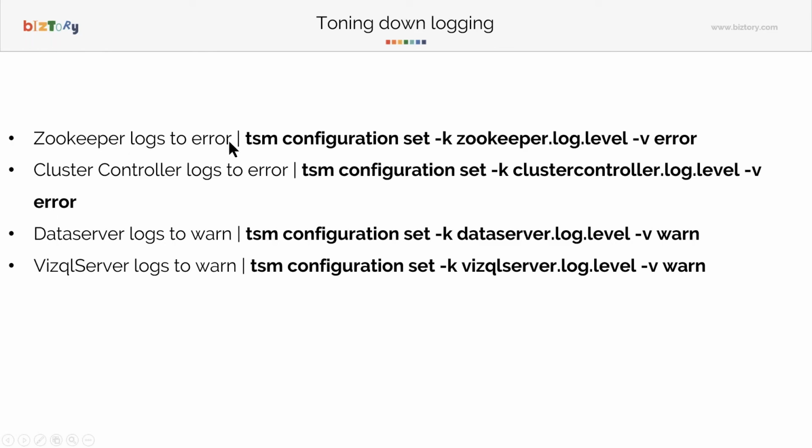So if there's an error in the cluster coordinator, on the Zookeeper, which is the coordination service, then give us logs. These two options, data server, SQL server, you can turn them down to warning, but we usually only do that for high availability servers, like for high usage servers. It's not always required.